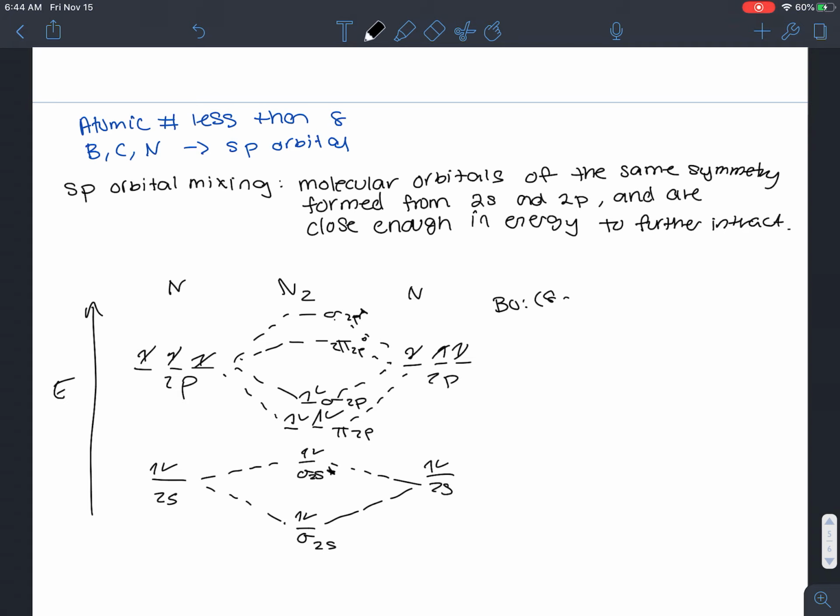So your bond order is 1, 2, 3, 4, 5, 6, 7, 8 minus 2 divided by 2. 6 divided by 2 is 3, so very stable. Our configuration will be sigma 2s 2 electrons, sigma 2s star 2 electrons, pi 2p 4, and then sigma 2p 2.